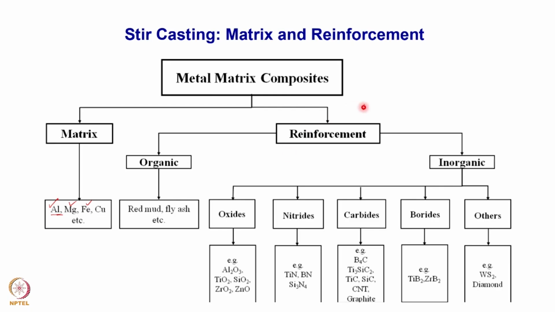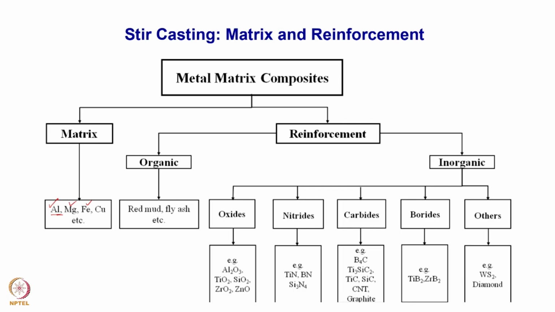Okay, oxides, carbide, nitrides, all of these possess these two fundamental properties that we look for in a metal matrix composite: the hardness and the strength. So these two properties are the main criteria for selecting the reinforcement. Apart from certain other criteria like the compatibility of the material with the metallic matrix, how well it can be bonded to the metal, and so on.